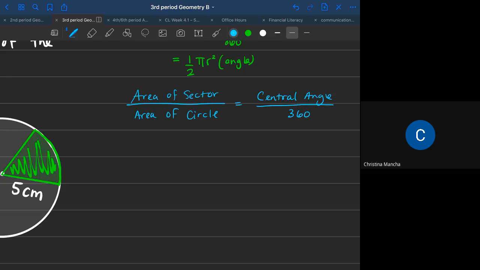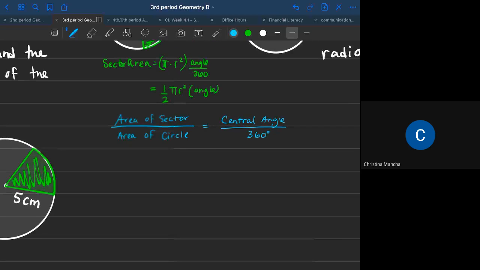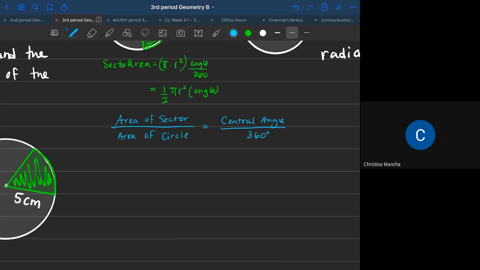And so this formula kind of puts together the first equation, but in a sense that we can be looking for any one, right? So if I give you the central angle and the radius, then you can definitely find the area of the whole circle and then use that to find the area of the sector.